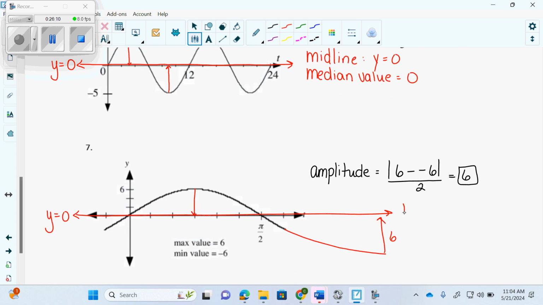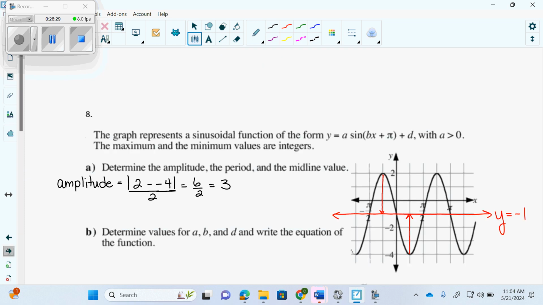This one is a midline at y equals 0 and a median value equal to 0. This one we have a midline at y equals -1 and a median value equal to -1.